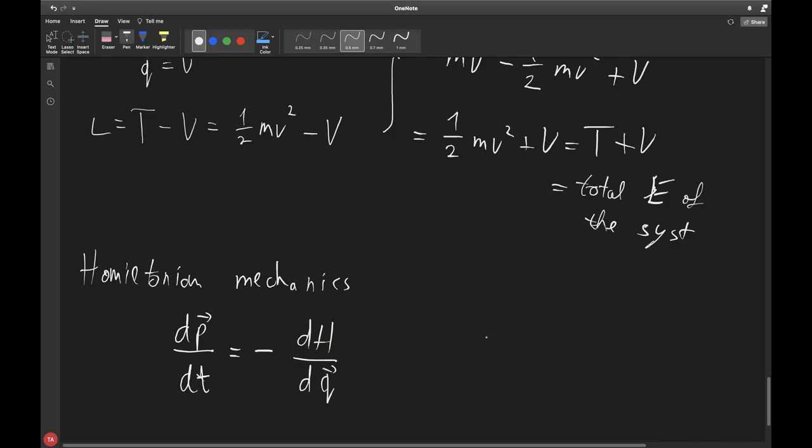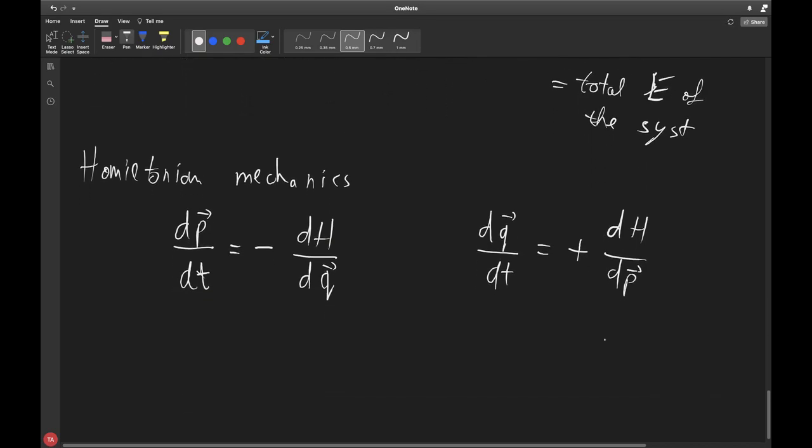And we also say that the derivative of the q, the generalized coordinate, by time is the same as plus the derivative of the Hamiltonian by the p. They look very symmetrical, right? It's two equations, and they also lead to the same equations of motion.